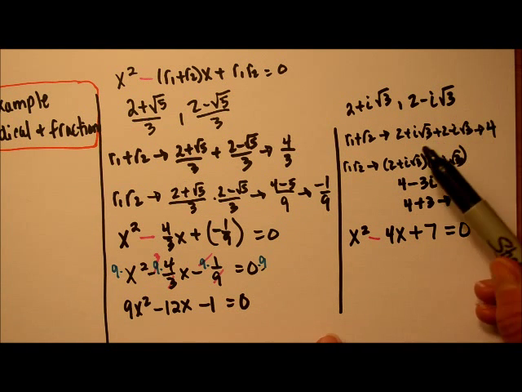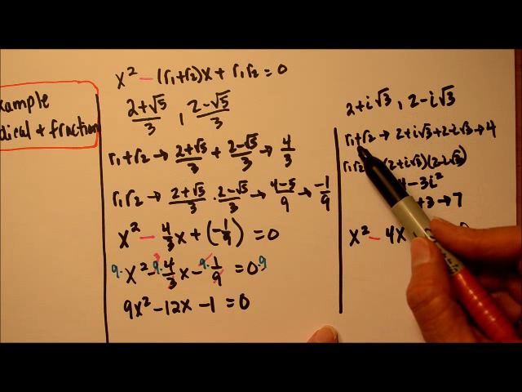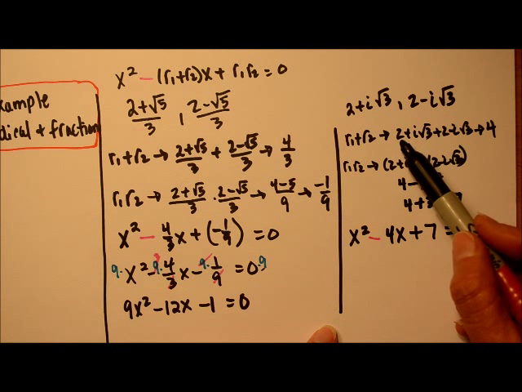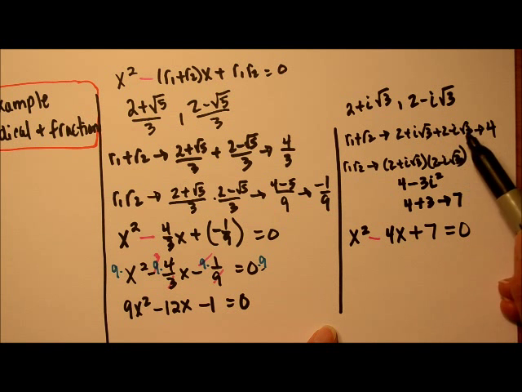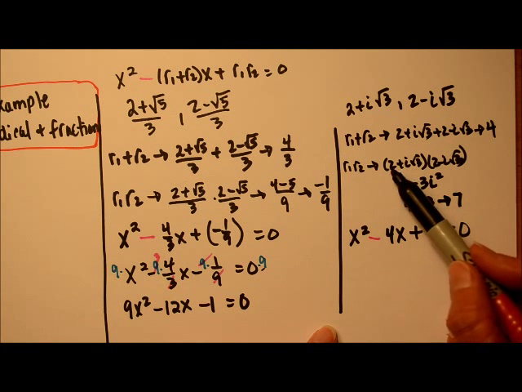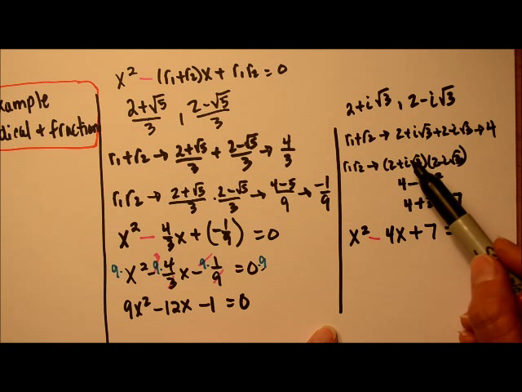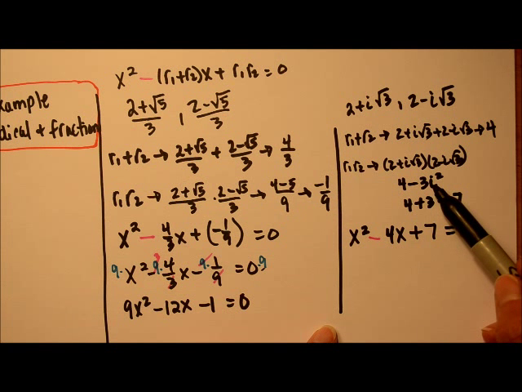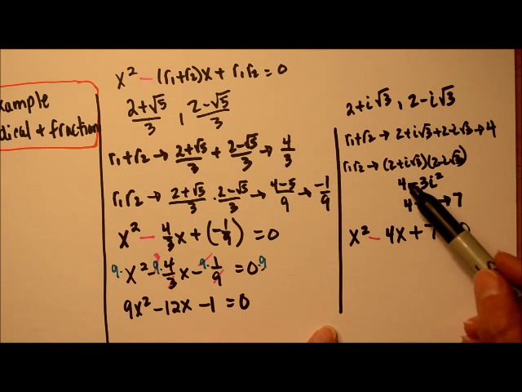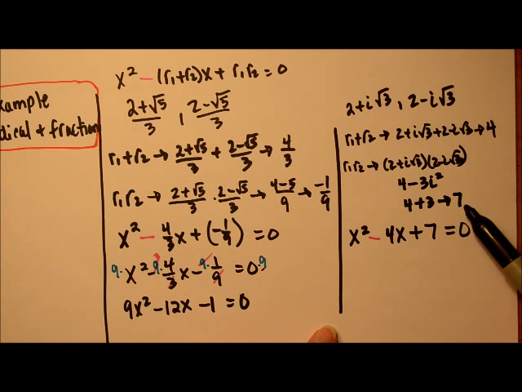And then go back and kind of check, because like I said, I didn't really do these prior to filming this. So that's going to give me 2 or 4. Those drop out. Good. Okay, and here I have 2 times 2 is 4. Positive, negative, that's going to give me a negative. Square root 3 times square root 3 is 3, times i squared, which is negative. So that whole thing's going to go positive, which gives me 7, which is my last term, which is good.